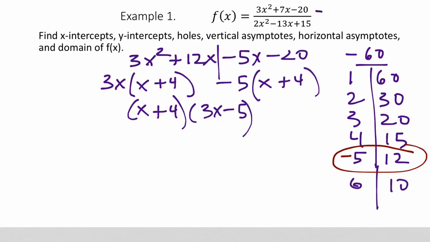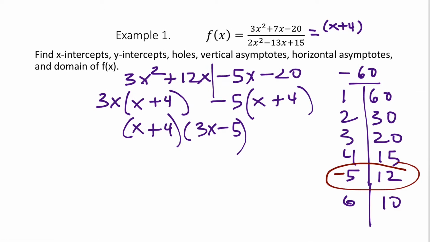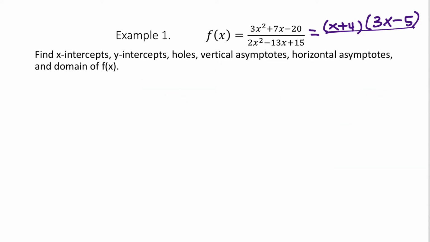So let's just put it over here. x plus 4, 3x minus 5. All right? Now we'll factor the bottom.